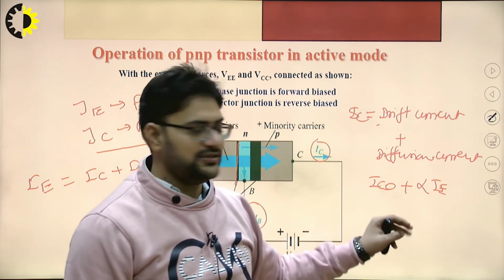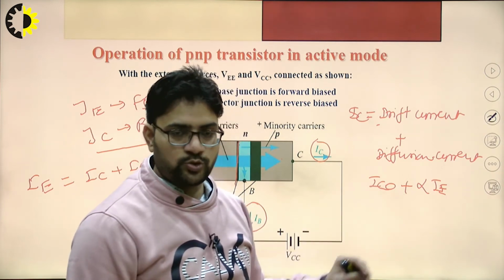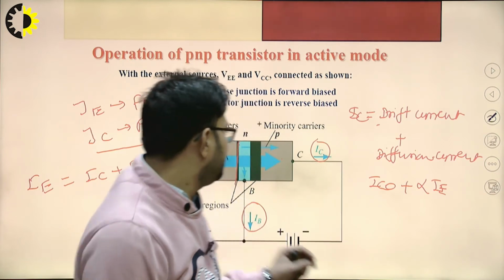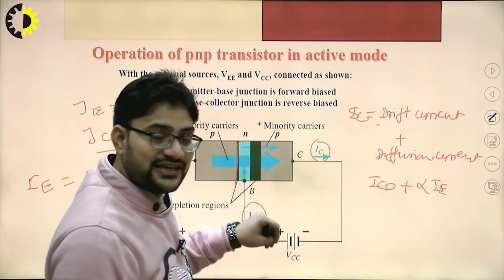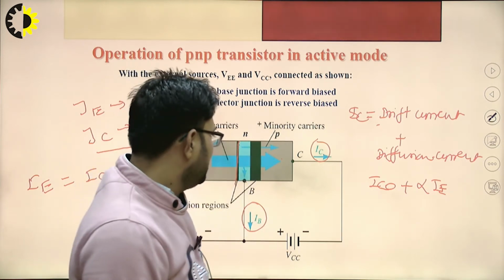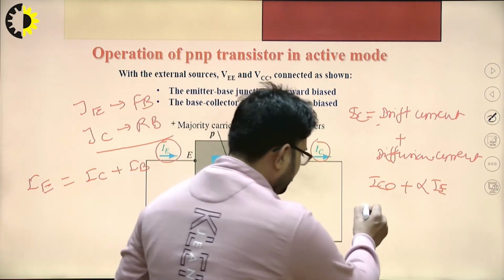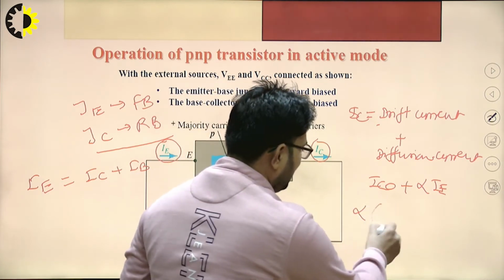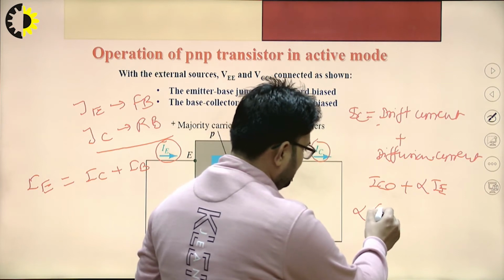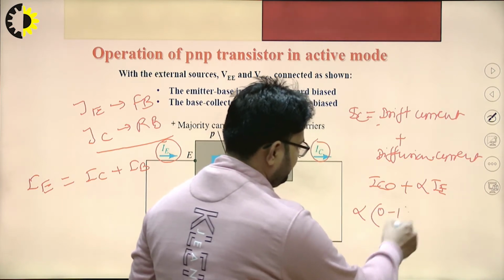It's actually the factor, a constant value, which is assigned and depends on how much charge carriers are recombined at the base. Its value, this alpha value, lies in between 0 to 1.